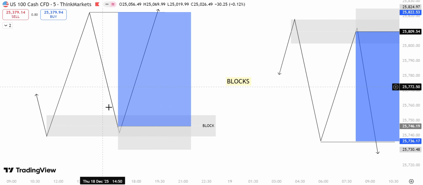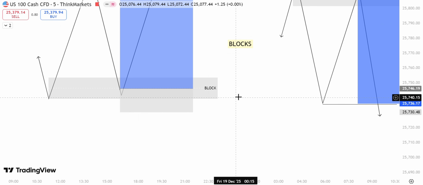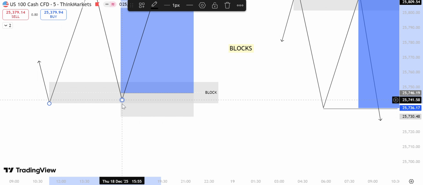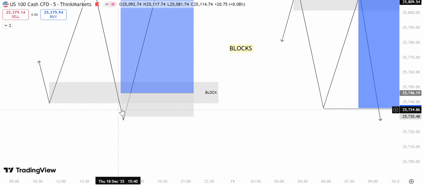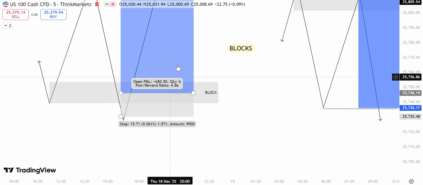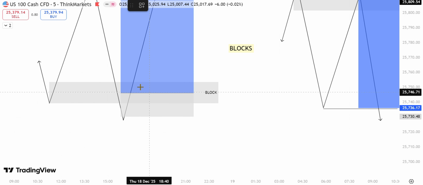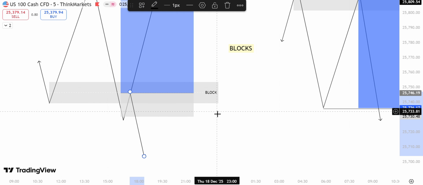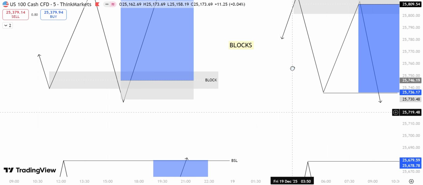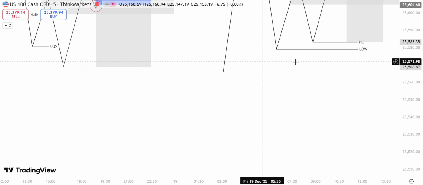So the blocks are this, right? Now the breaker block is when price closes like this. So basically, in this example, price closes below the breaker block or the mitigation block, the 50% move down. That's the breaker or the mitigation, depending on the situation that we are presented with.